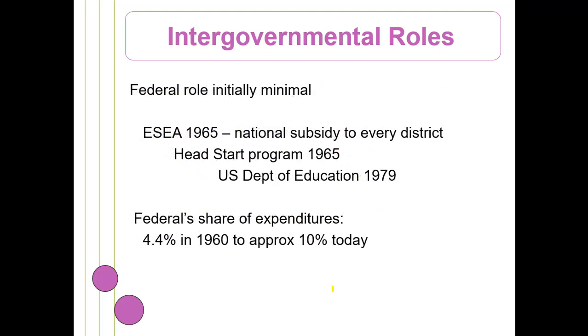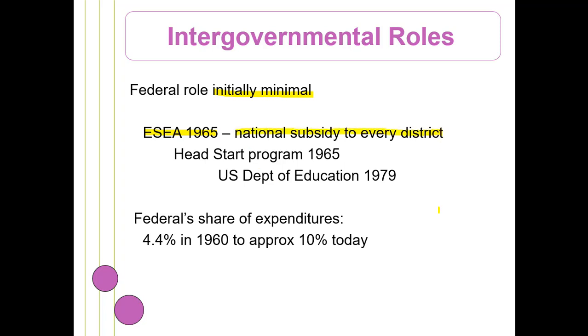The federal role in education was initially pretty minimal because the federal government delegated that down to the states. The Education Act, a pretty important landmark in 1965, provided a national subsidy.